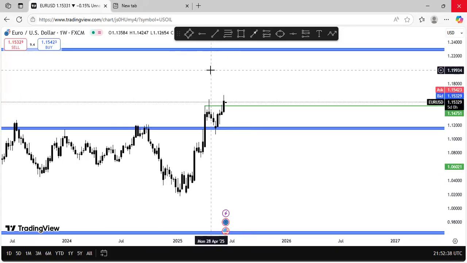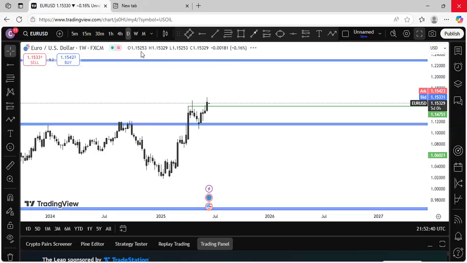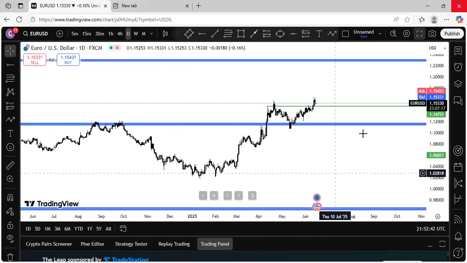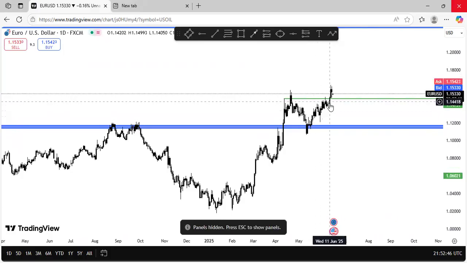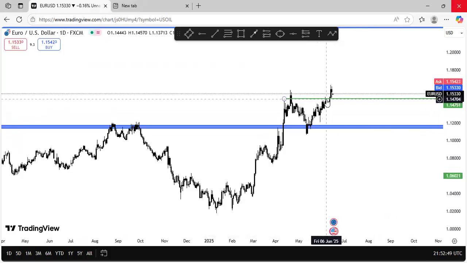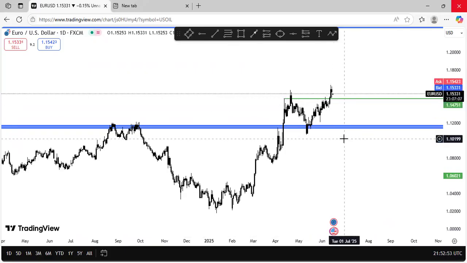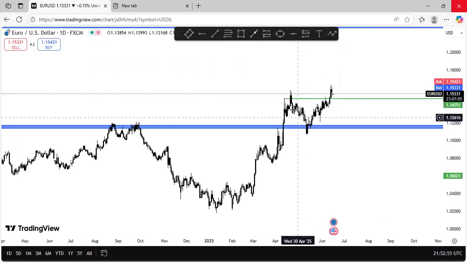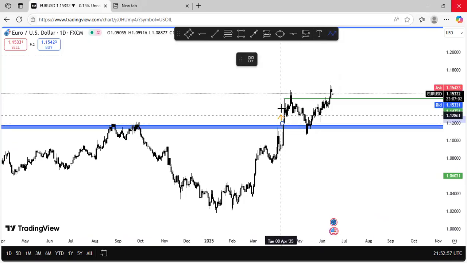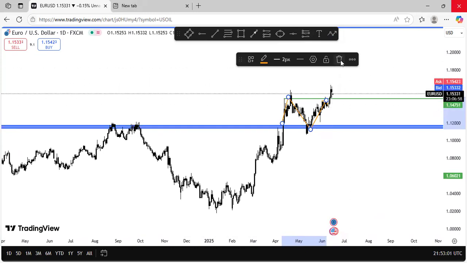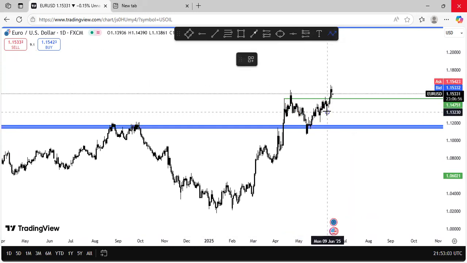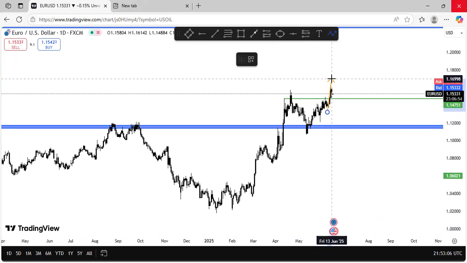In our last video, if I go back to the daily time frame, I did say that we should expect price to come over here and stall. If we stall here, we might go down, but if we go down, it shows this trend reversal pattern. But if we don't do that, we should expect price breaking this level and then heading to the upside.